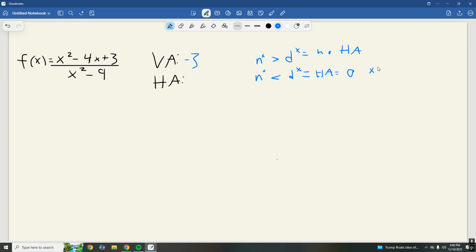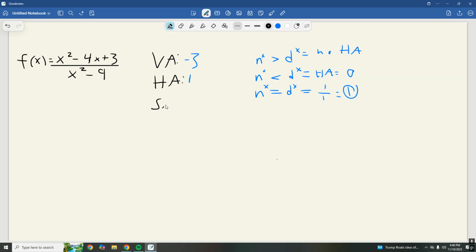But when they are equal, like our situation that we have right now with the 2 and the 2, both leading coefficients, you just take the leading coefficient, 1 over 1 in this case, and you get your horizontal asymptote. So our horizontal asymptote here is 1.